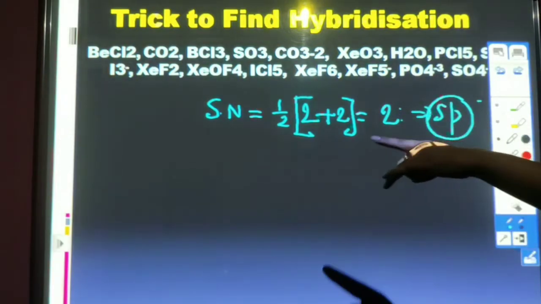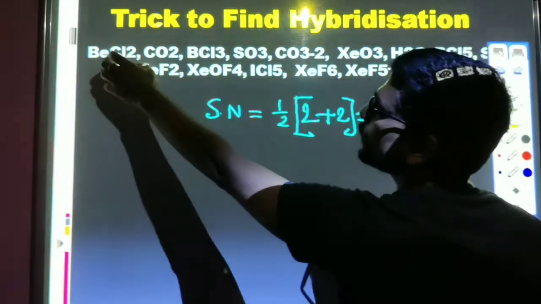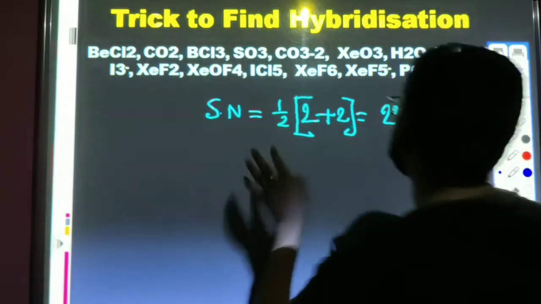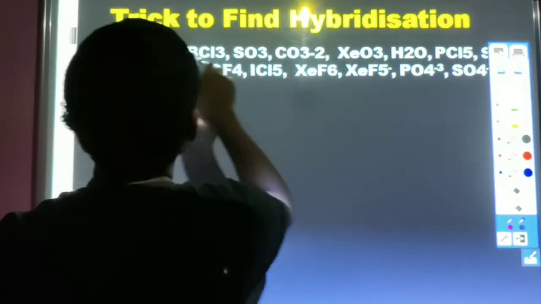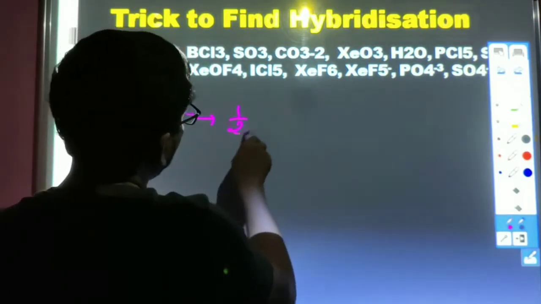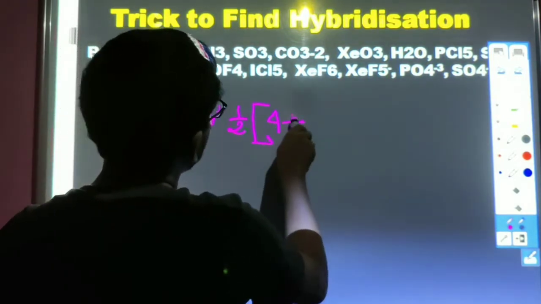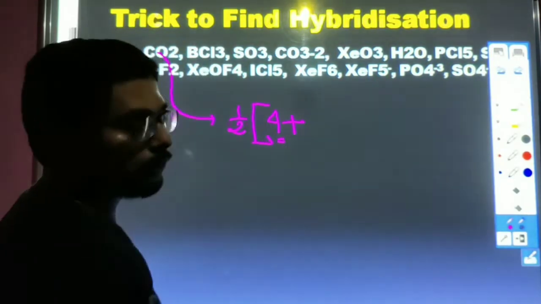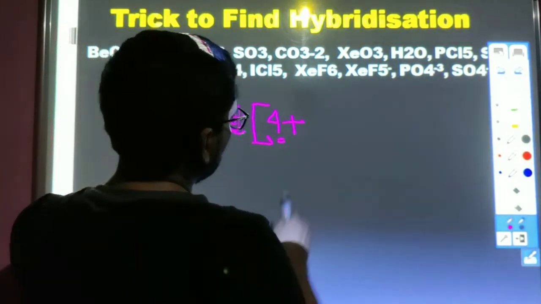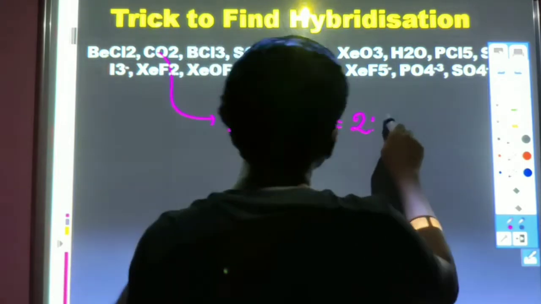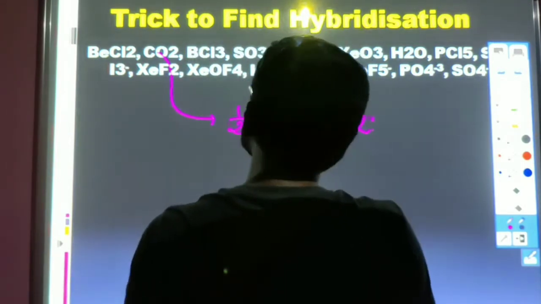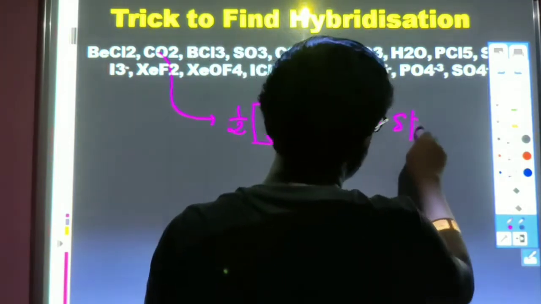Earlier also we have shown that hybridization in BeCl2 is sp. Done. Now carbon dioxide: half of 4 plus valence electron of carbon 4, monovalent atoms 0, oxygen is bivalent, so 0, so 2. In carbon dioxide, hybridization for carbon is sp.